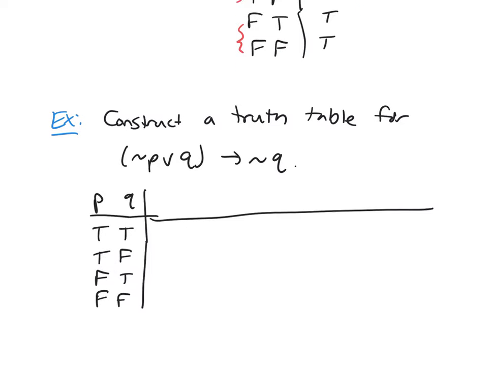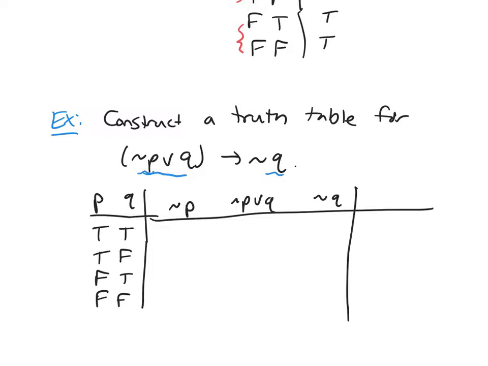So let's start building our truth table. I'm going to need not P. And then after I have not P, I want not P or Q. I'm also going to need not Q. So these are all the columns I'm going to need.